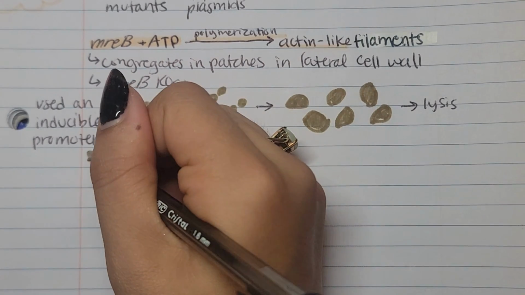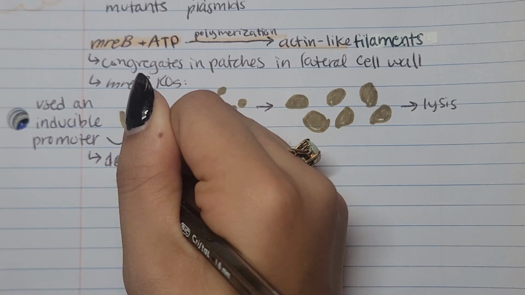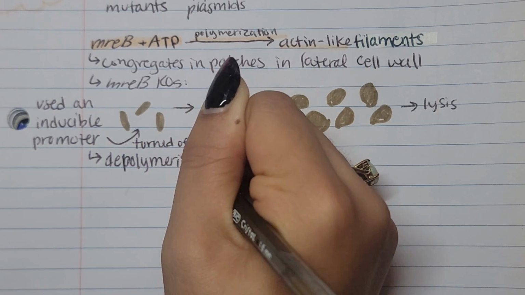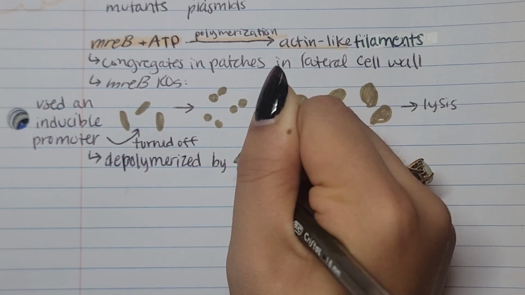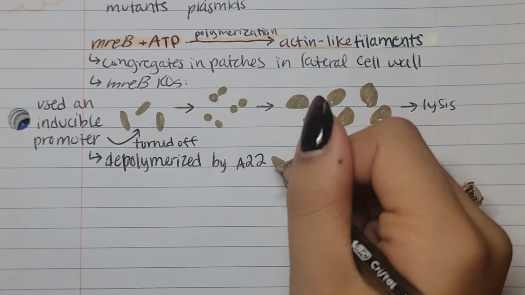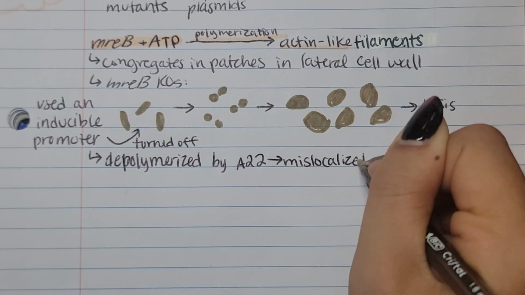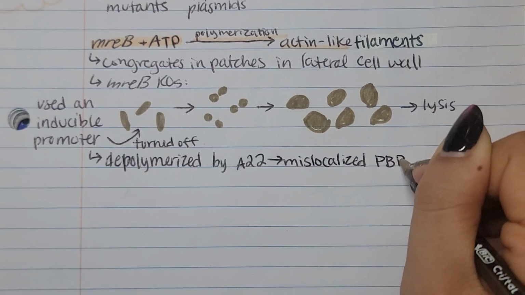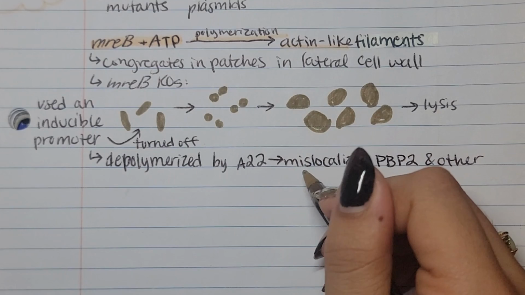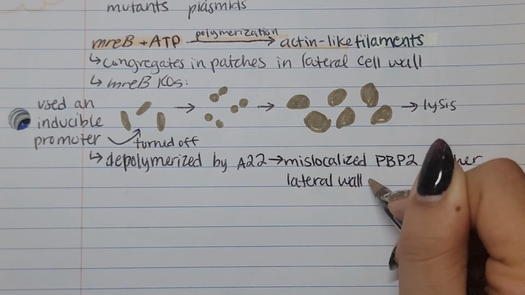And in addition to testing these knockouts, they also tested a drug that depolymerizes MreB called A22. And that mislocalized our lateral wall synthesis proteins, like PBP2 and other ones, which we fortunately don't have to memorize.